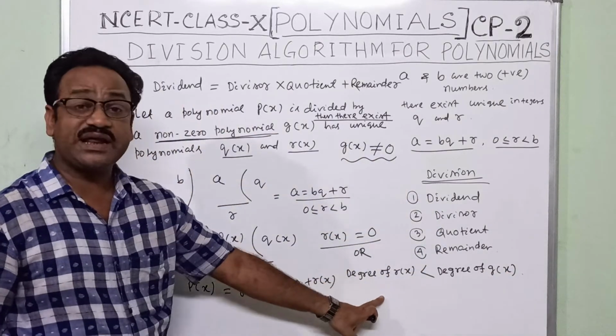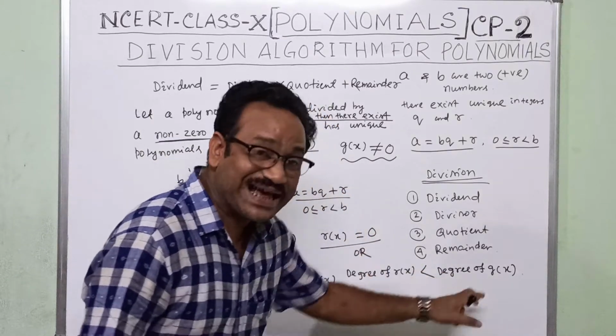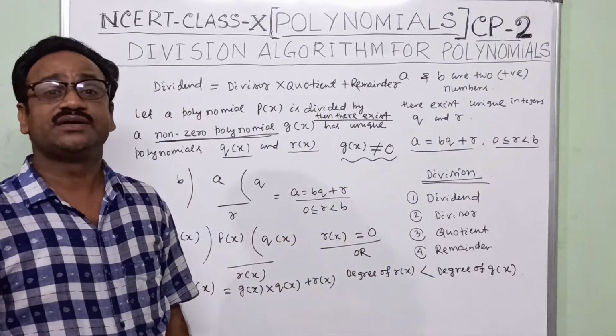Mind it, the degree of r(x) must be less than the degree of g(x), or r(x) will be 0.